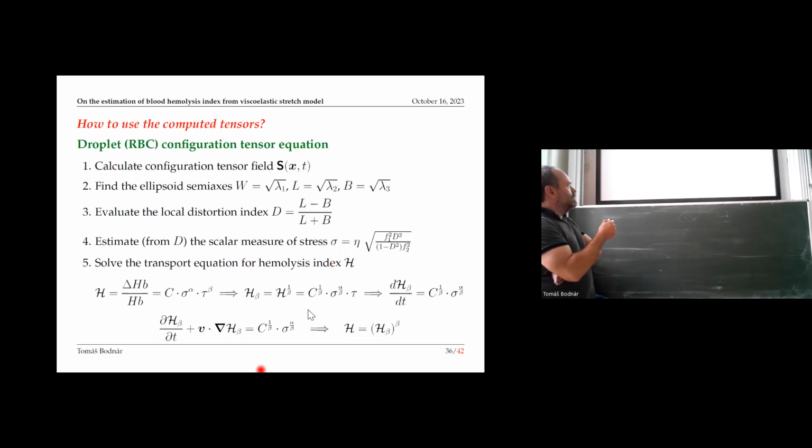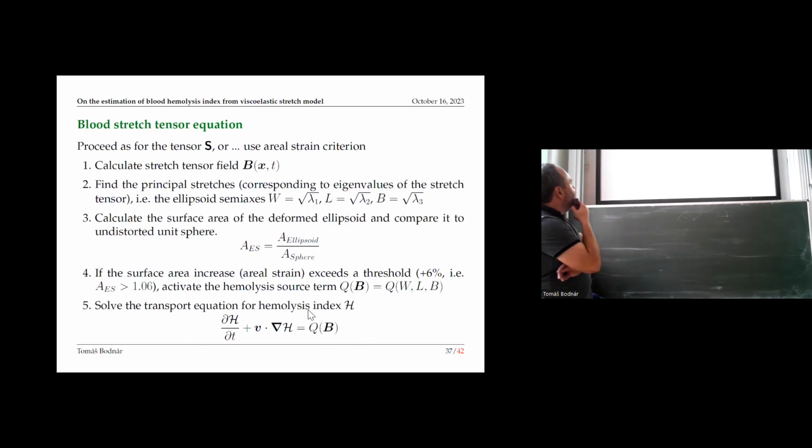After you calculate it, you just raise it to the power eta, and you get back the hemolysis index in its physical meaning and units. Then you just integrate over your inlet and outlet to see what additional hemolysis comes from your medical device or from the blood pump or something like this. So the question is if we should proceed the same way for the tensor B.